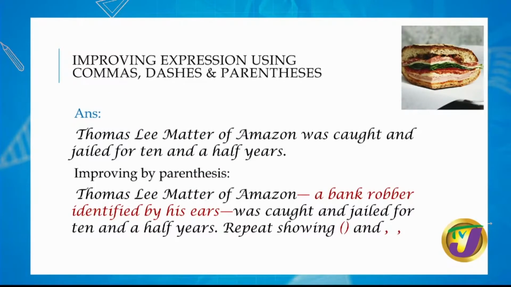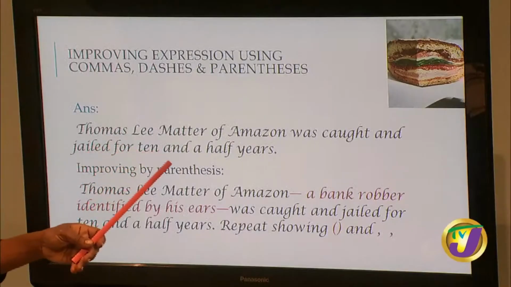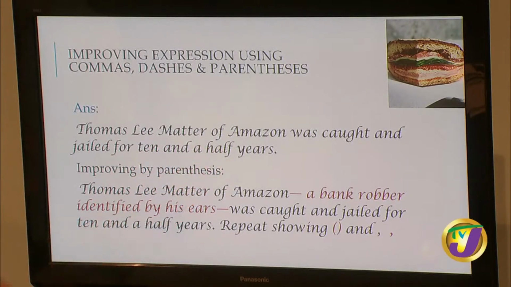Let's look at this. So the essential information in it is that Thomas Lee Matter of Amazon was caught and jailed for 10 and a half years. So let us improve this now by parenthesis. What am I doing? I am going to insert a thought, an additional thought, into the sentence to improve your understanding of what I am writing or give you more information.